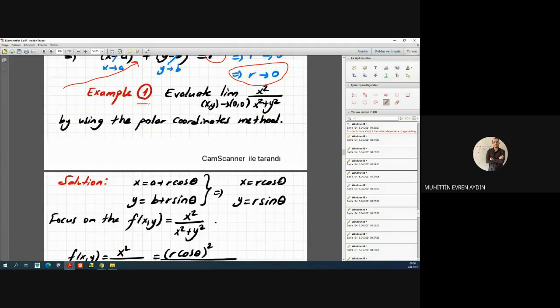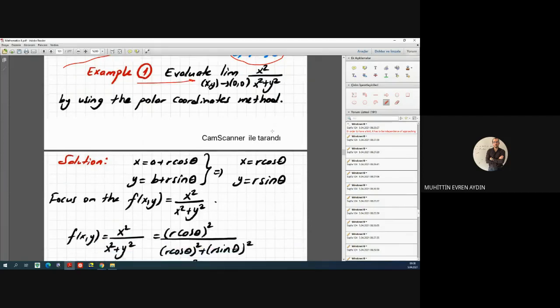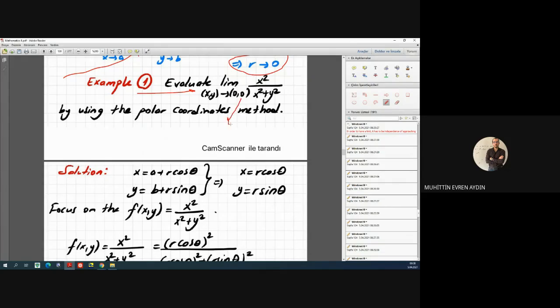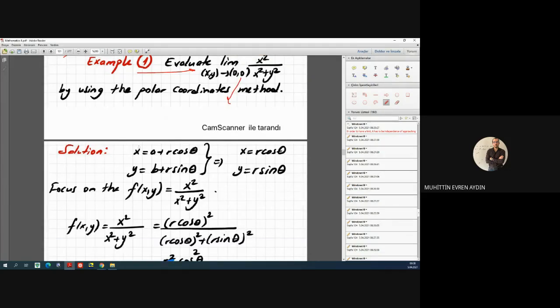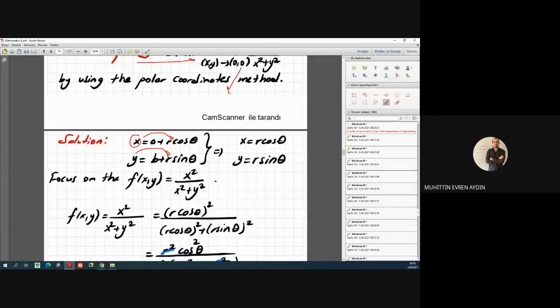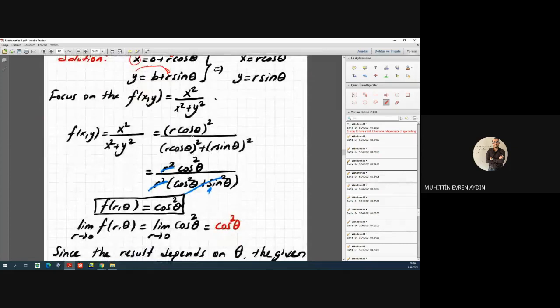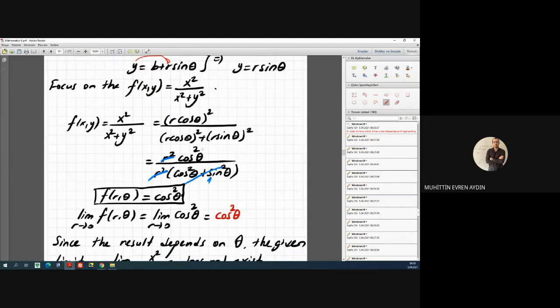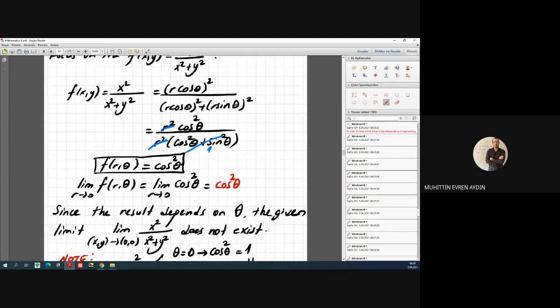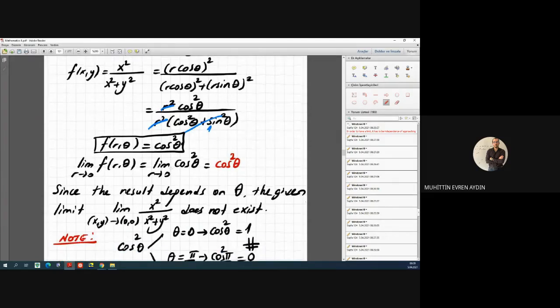Let's solve this limit using the polar coordinates method. You can see the point is the origin, which means that you replace x with r cosine theta, y with r sine theta. After this replacing, you obtain cosine squared theta. And the limit as r goes to 0, you obtain this statement, which means that the result depends on theta.